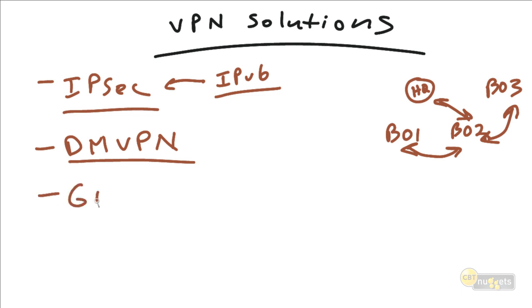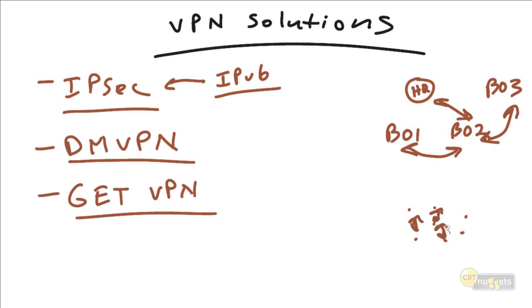You want even more dynamic in your VPN implementation? Well, Cisco invented the GET VPN solution. With GET VPN, you literally can have a full mesh of on-demand VPN connections between your devices. And oh yeah, it even supports multicast traffic in your environment.